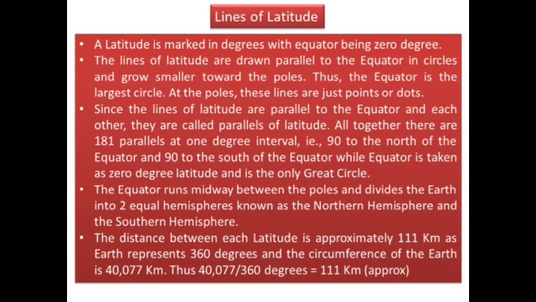The distance between each latitude is approximately 111 kilometers, as earth represents 360 degrees and the circumference of the earth is 40,077 kilometers. Thus, 40,077 divided by 360 degrees is equal to 111 kilometers approximately.